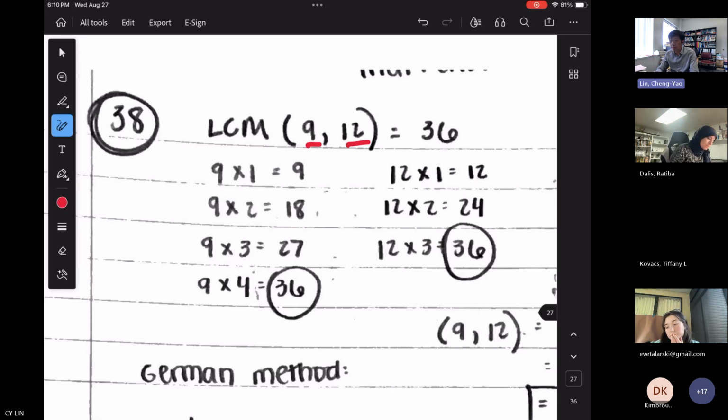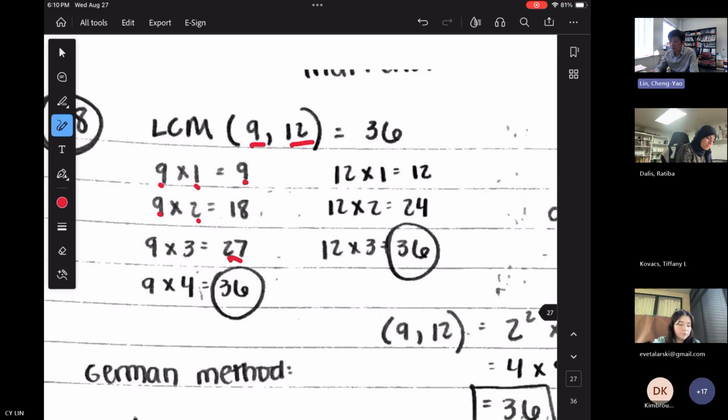I can take 9 times 1, got 9, 9 times 2, got 18, 9 times 3, got 27, and 9 times 4 is equal to 36. For 12, 12 times 1 is 12, 12 times 2 is 24, and 12 times 3 is 36. We stop here because I already found the least common multiple.